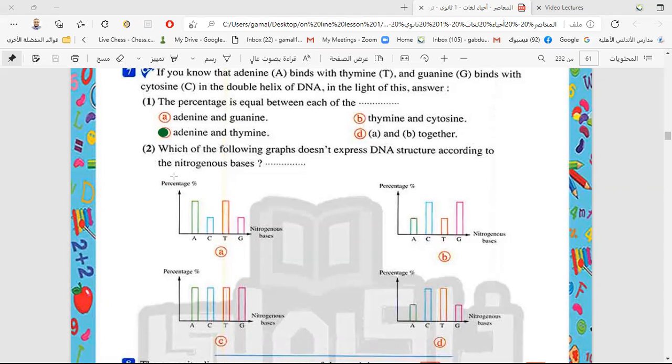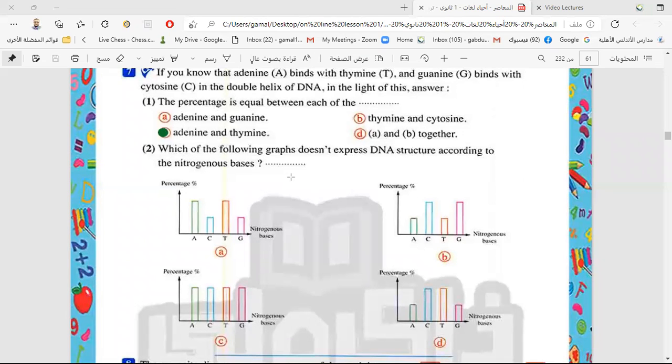After that, we have: which of the following graphs doesn't express the DNA structure according to the nitrogenous bases?